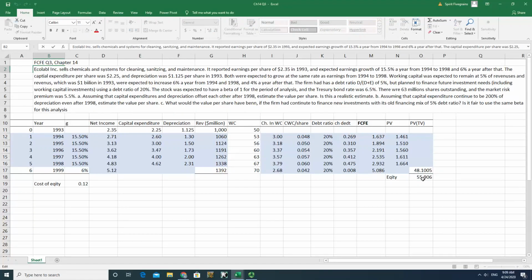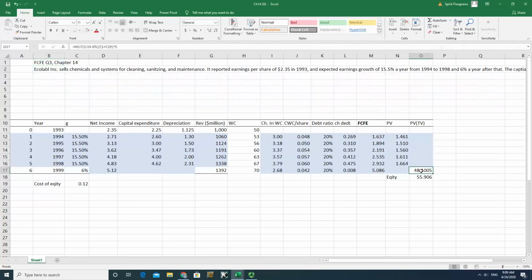And the question asks if this is a realistic estimation. I would say there's a little problem here. What is the problem? The problem here is when I calculate this terminal value, I assume a 6% growth rate. But since net reinvestment will be zero, I think it's unrealistic to expect a 6% growth rate.